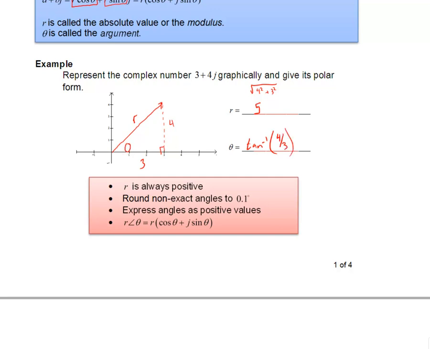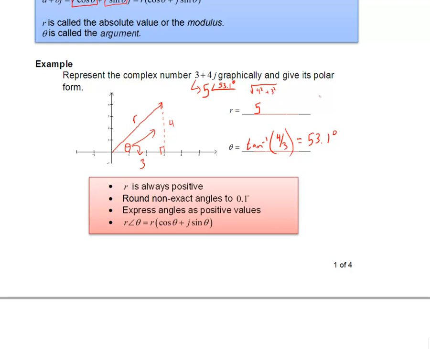Opposite over adjacent, and that's always going to be b over a. And in this case, that's 53.1 degrees. So 3 plus 4j is equivalent to, in polar form, r angle theta, 53.1 degrees.